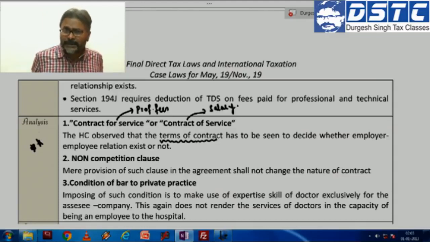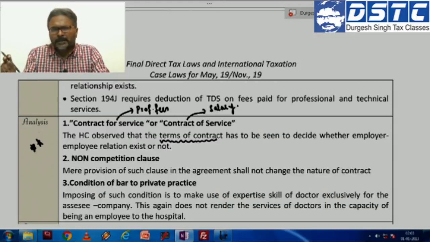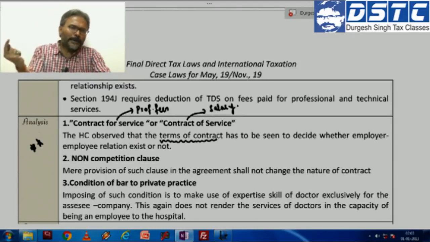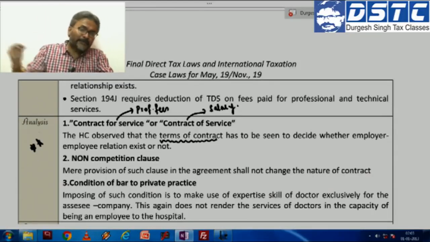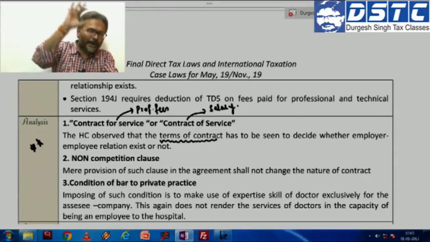This is what they have done in the agreement. So what they finally had to say was that mere provision of such a clause, that there is a non-compete clause entered between the hospital and the doctors, does not by itself imply that the doctors are acting as employees.